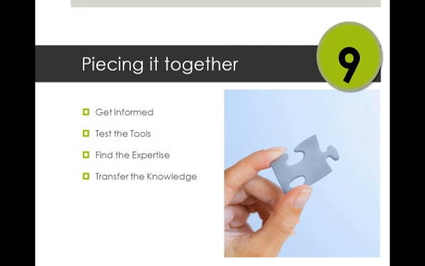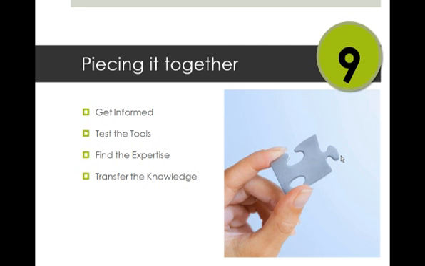Something that may work for one organization might not work for another, based on different processes and the people that are using it. This is also a good opportunity to find expertise. You may be able to get a tech volunteer that could be very knowledgeable in certain areas to help you out. But also think about how you transfer that knowledge back to your organization.